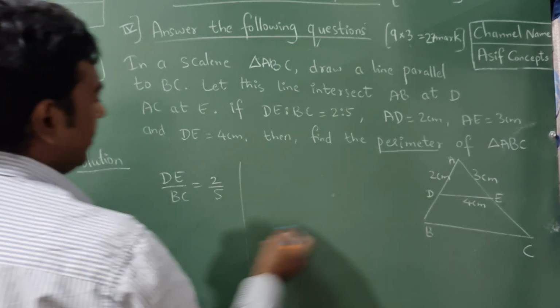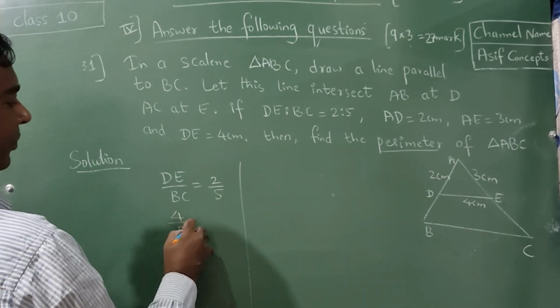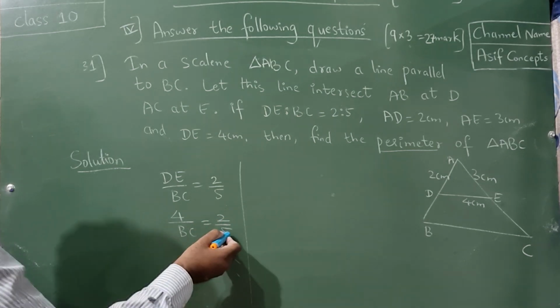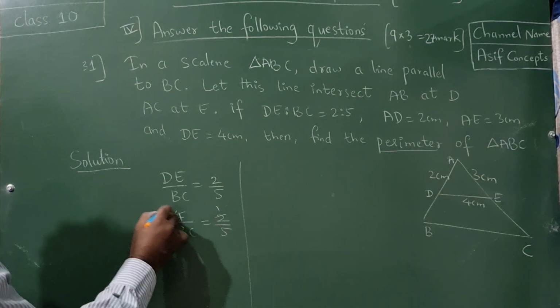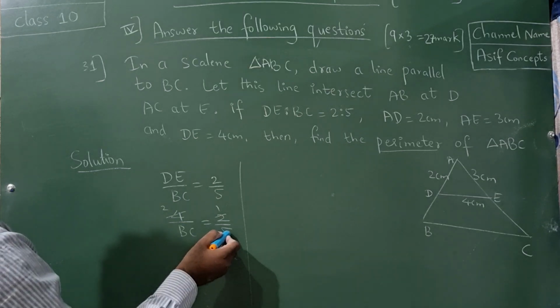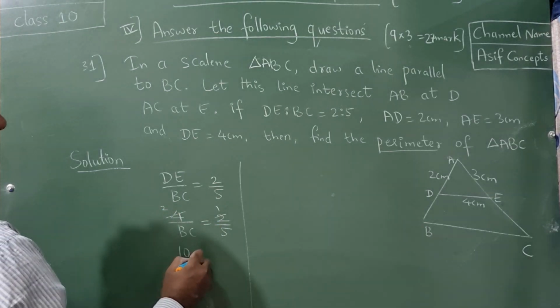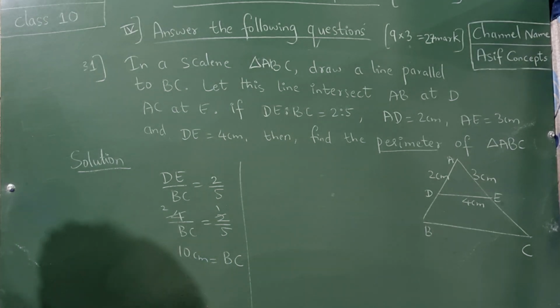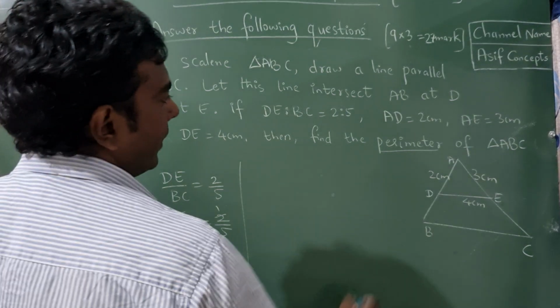Now what is DE value? It is 4 by BC is equal to 2 by 5. Now 2 ones are 2, 2 twos are 4. Okay, 2 into 5 is 10 centimeter. BC into 1 is BC. So BC value is 10 centimeter. Fine.